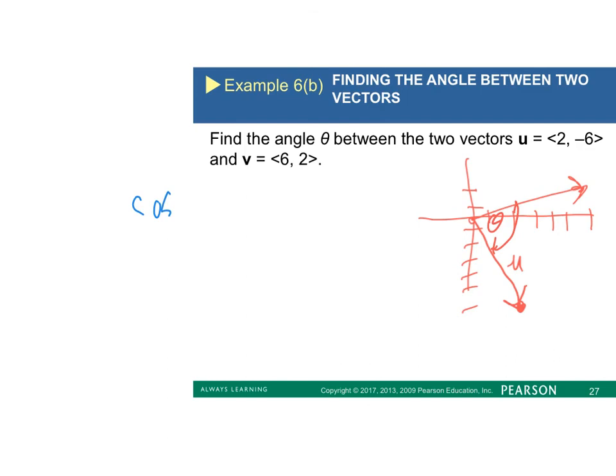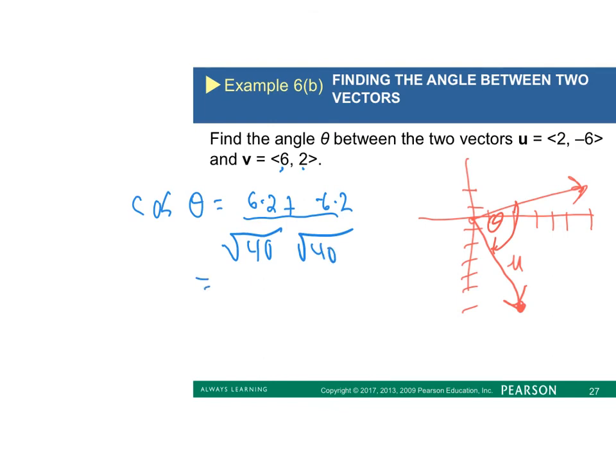Cosine of theta is equal to, let me just do the work, the dot product. 6 times 2 plus negative 6 times 2, over the square root of 2 squared plus 6 squared, because the negative doesn't matter. 2 squared plus 6 squared is 4 plus 36, that's 40, times the square root of 6 squared plus 2 squared, that's 36 plus 4, again 40.